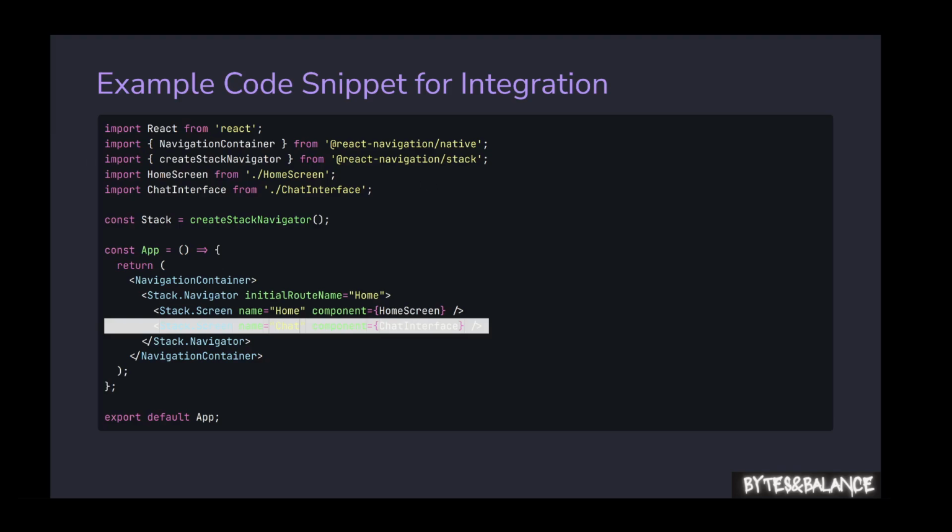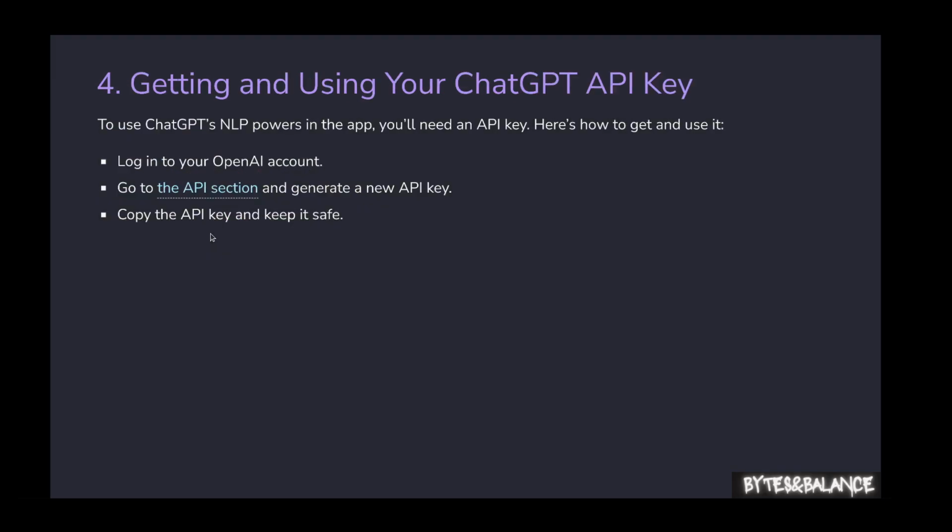And the other thing that you have to bear in mind is getting your API key, because we are using ChatGPT in two different ways. First, we're using ChatGPT here to get assistance while we're coding. And second, we are using the NLP capabilities of ChatGPT in our application to create this chatbot to provide support for the users. So log into your OpenAI account.